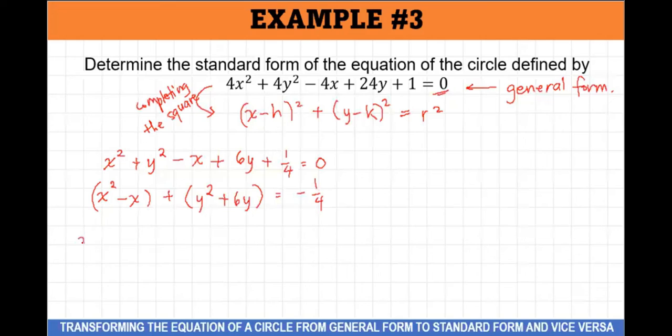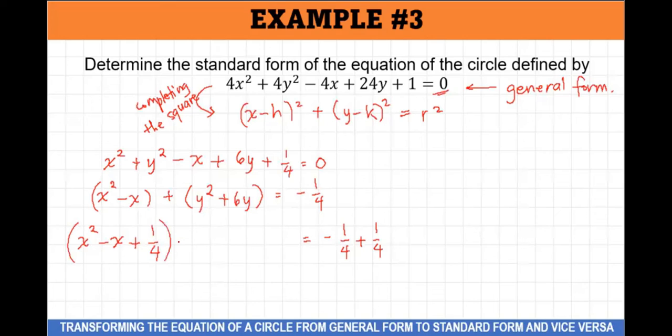So, pag completing the square tayo, this would be x squared minus x. The numerical coefficient is 1 divided by 2 and then square it. The answer that you will get is a positive 1/4. And itong 1/4 na to ay i-add din natin doon sa other side. Plus 1/4, kasi nakalagay doon ay plus din.